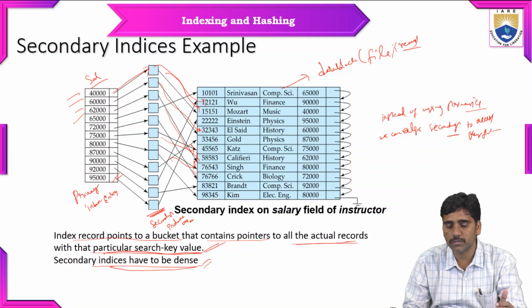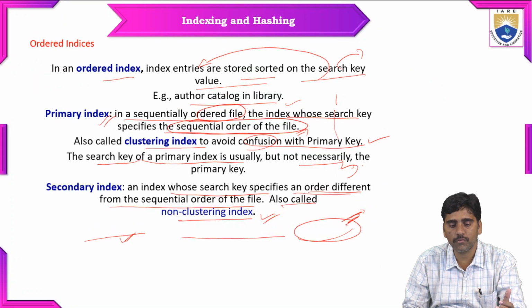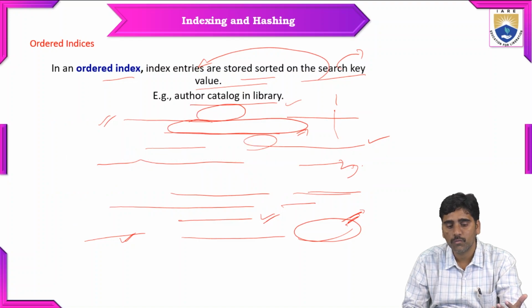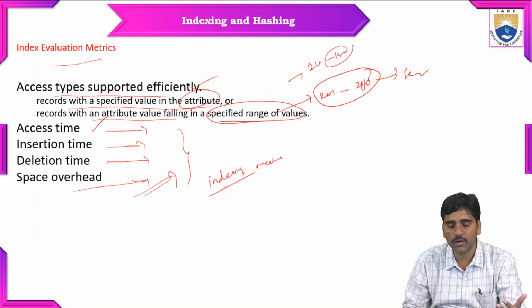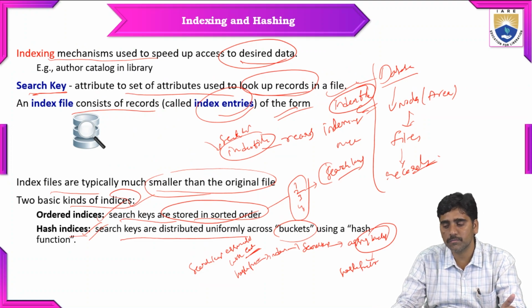So once again we revise the topics which we discussed in this session. Here we discussed what is meant by indexing, what is meant by hashing, and what values are measured for the indexing mechanism. The indexing mechanism is used to speed up access to the data, and a search key value is also there.